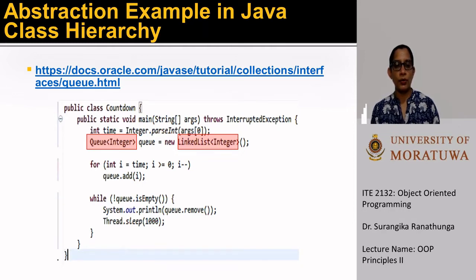Now queue.add will work because the queue interface defines the add method. That means it has the method signature for add, although the implementation is not there. When this is called, the actual object, which is of type linked list, is used, and the implementation of that linked list object will be called.